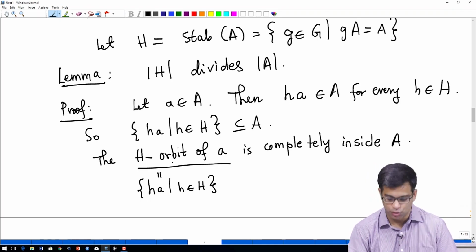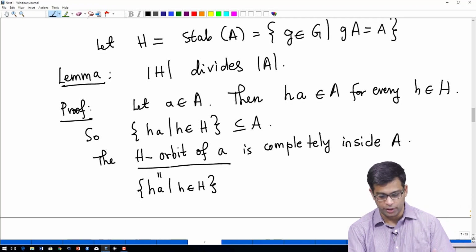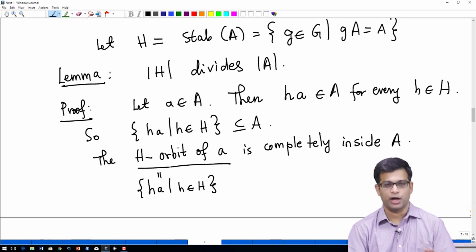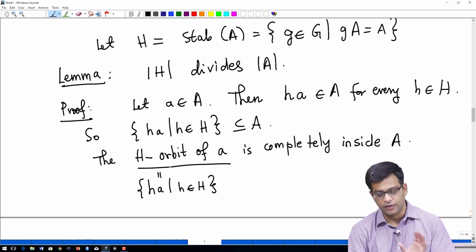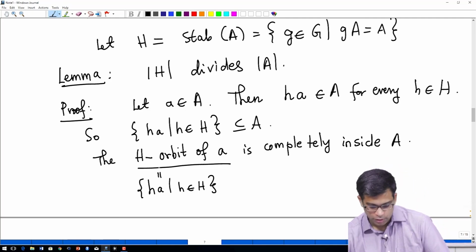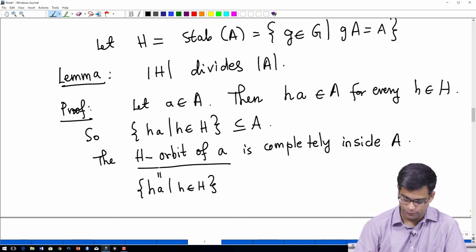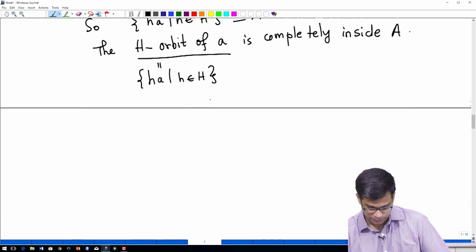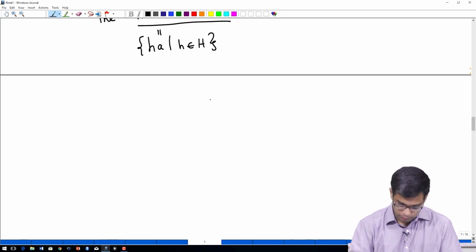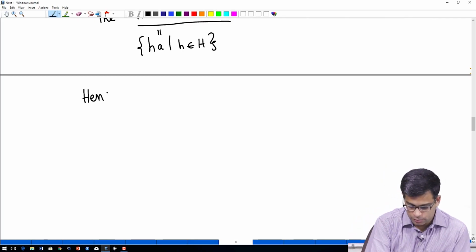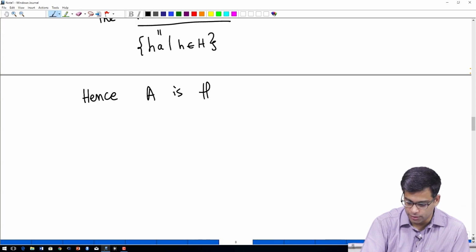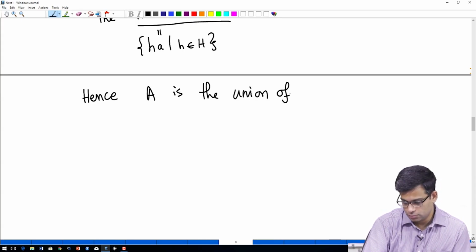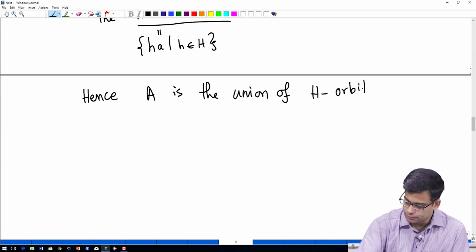The H orbit is simply the orbit of a as you take elements of capital H. I am calling it the H orbit as opposed to the orbit because I now have a different group. Earlier I was considering the G action, now I am considering the H action. So orbits depend on the group which is acting, and to stress that, since I am looking at the action of capital H, I talk about the H orbit. The point is, capital H is the stabilizer of A. So if small a is in capital A, the H orbit of small a is completely inside A. Hence A is the union of H orbits.